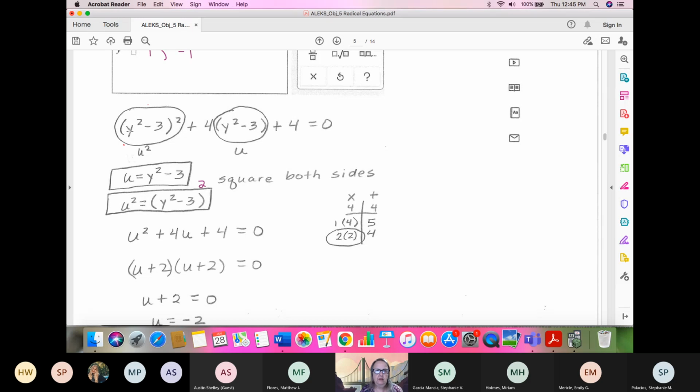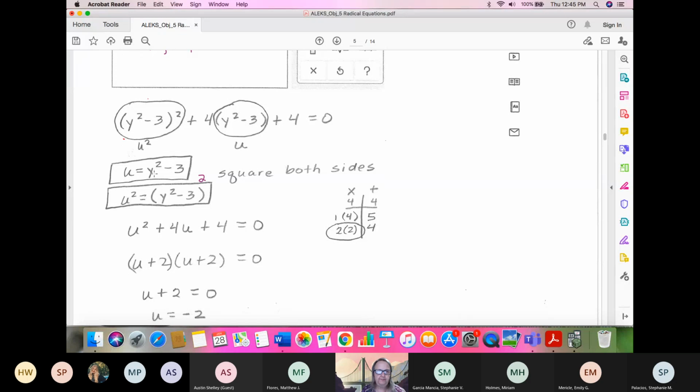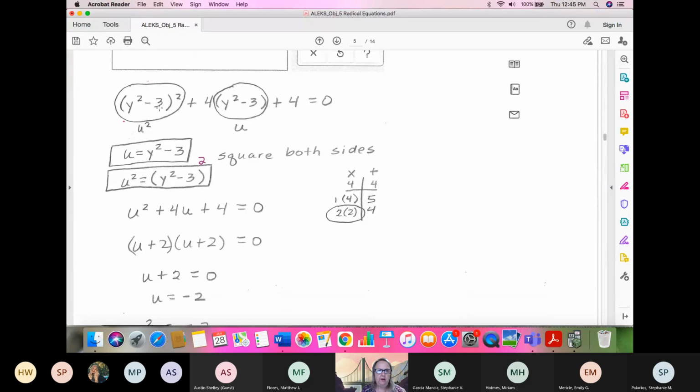So looking at this term here, let's see what we need to do. y squared minus 3 squared is u squared.